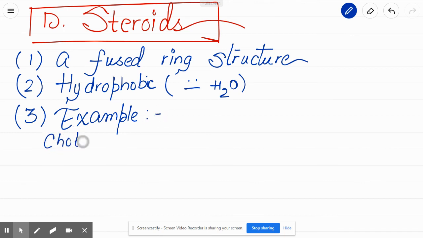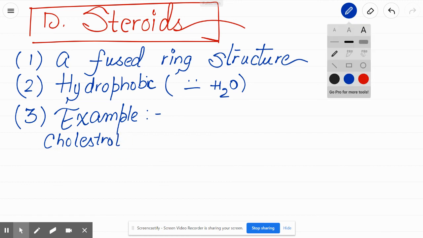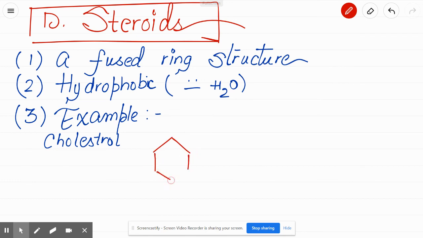Cholesterol, structural formula of cholesterol.